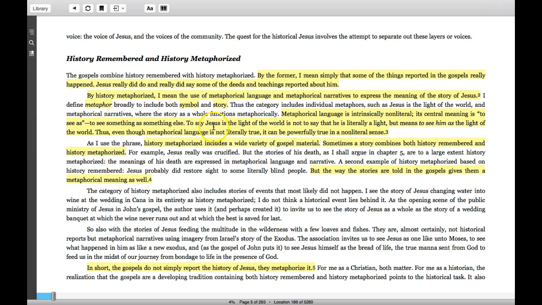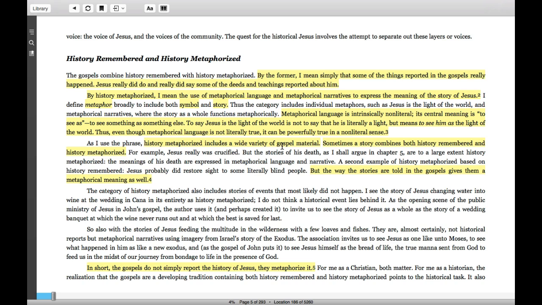The Gospel of John reports that Jesus is the light of the world. And so he says here, to say Jesus is the light of the world is not to say that he is literally a light, but it means to see him as the light of the world. Thus, even though metaphorical language is not literally true, or you could say not literally factual, because that's how we talk about that oftentimes here, it can be profoundly true in the non-literal sense.